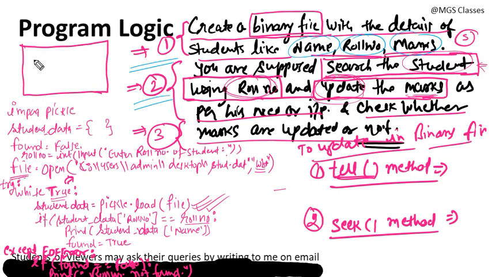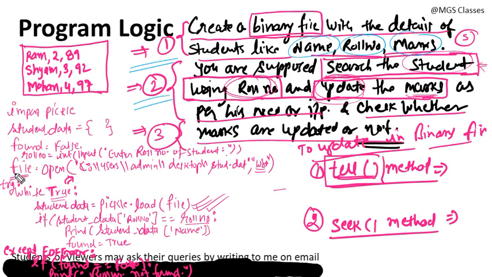Let's suppose this is Ram, roll number 2, and suppose he got 89 marks. Let's suppose this is Sham, his roll number 3, he has got 92. Let's suppose this is Mohan, his roll number 4, and he got 97. So this is, let's suppose, a text file. What does the tell function do?